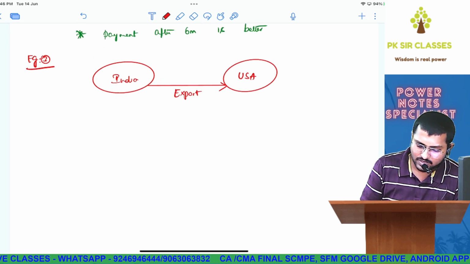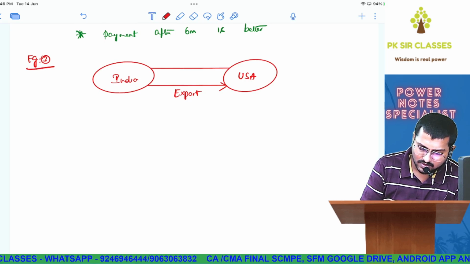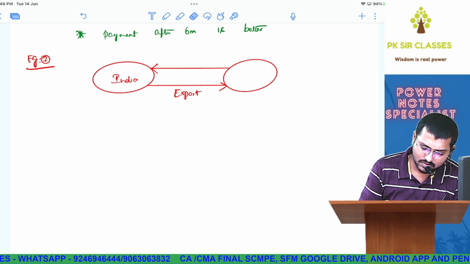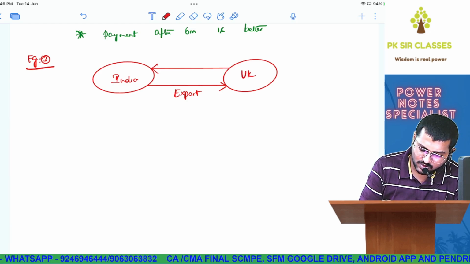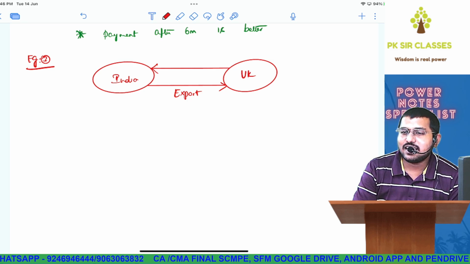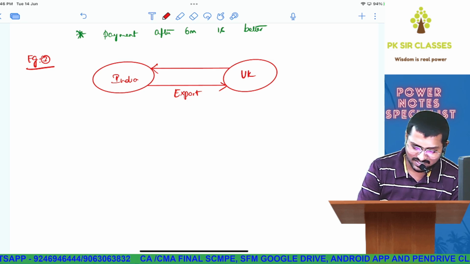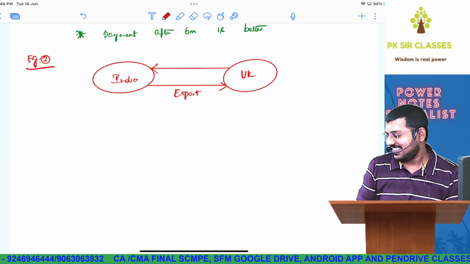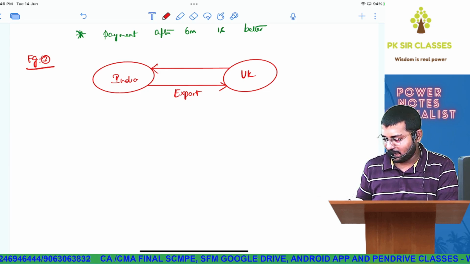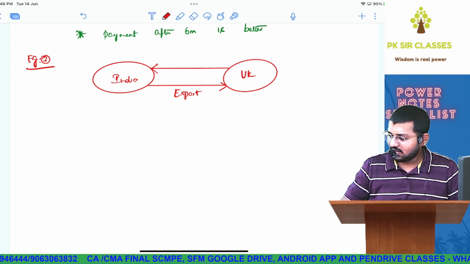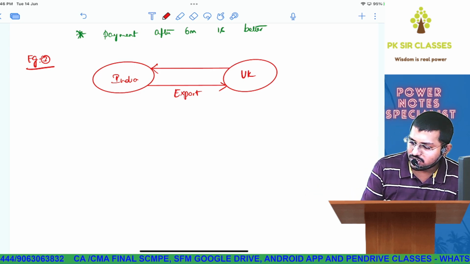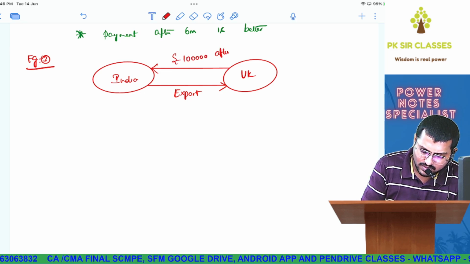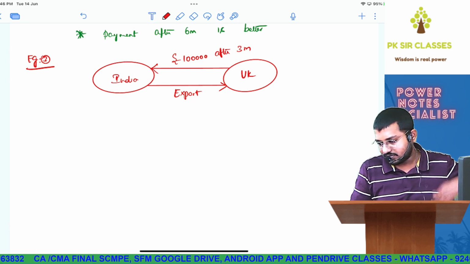Which means you'll be getting money. Change this US to UK. We will have 1 lakh pounds receivable after 3 months.